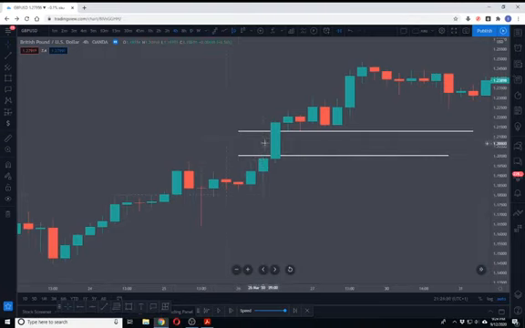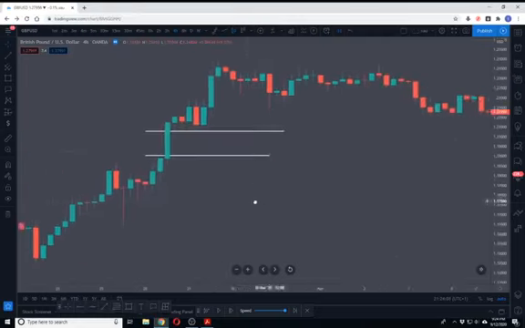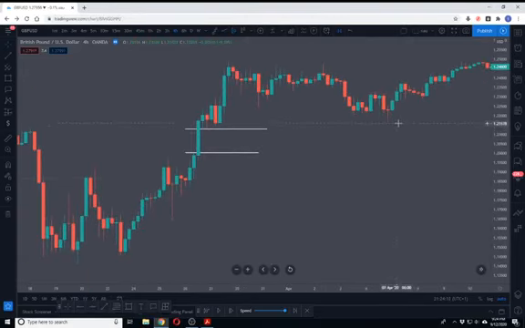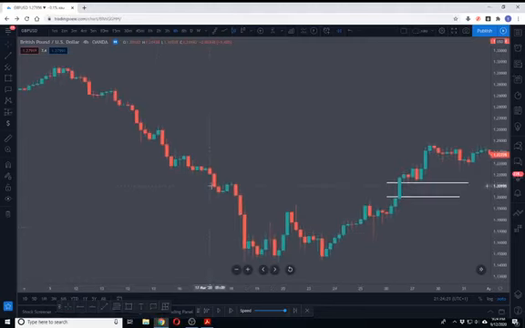Now ideally what you want is all of these gaps filled in. Then you can say institutional order flow is trading in a sensible manner, like it's filling in all of the imbalances and all of the gaps in the market. But if you have a look, there's a load of these imbalances in the market left behind.